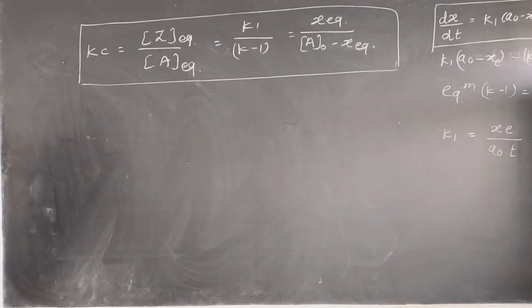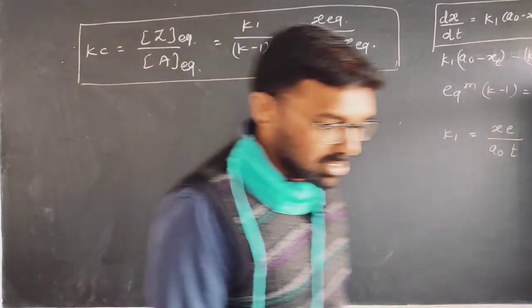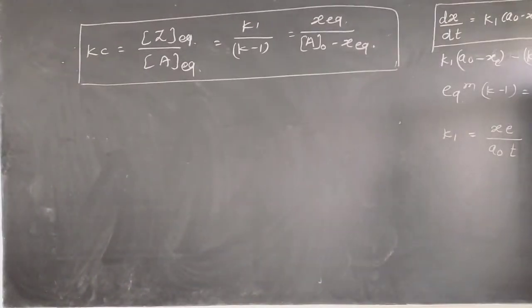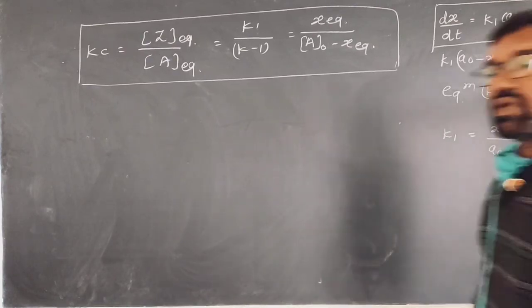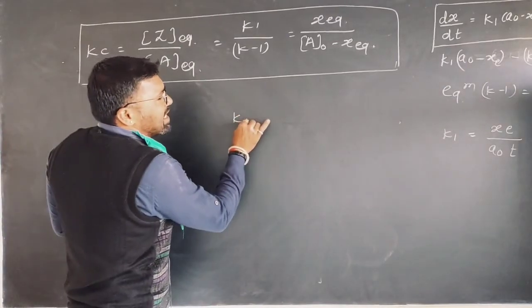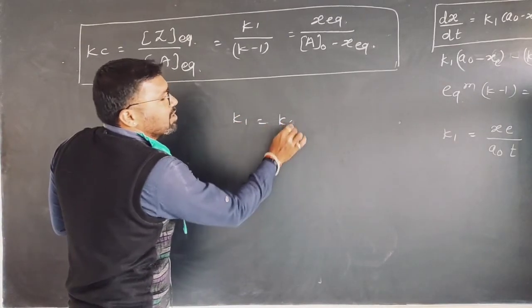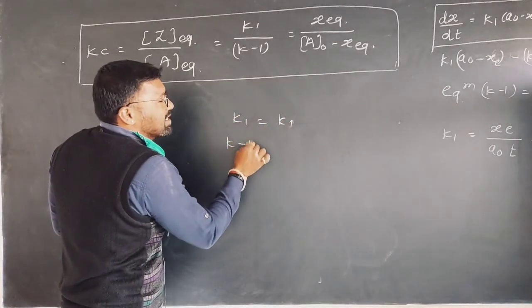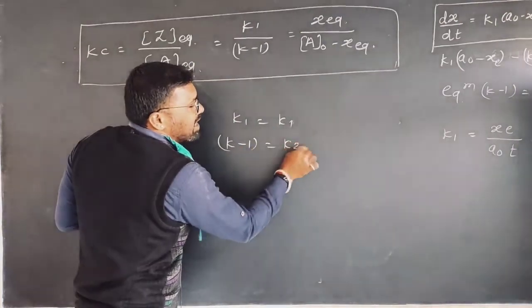I hope you understood this. It is a complete derivation for the reaction approaching equilibrium or opposing reaction. The only difference is that in some references K1 is taken as K1 and K minus 1 is considered as K2.